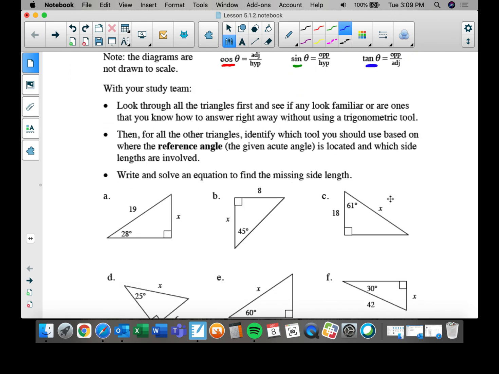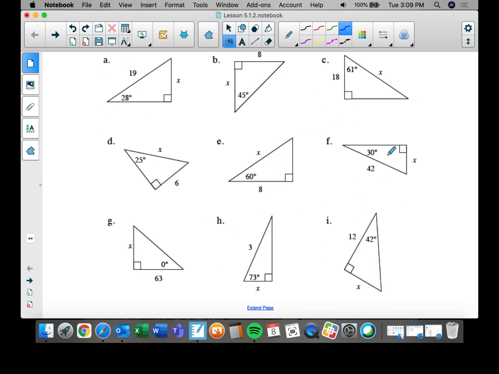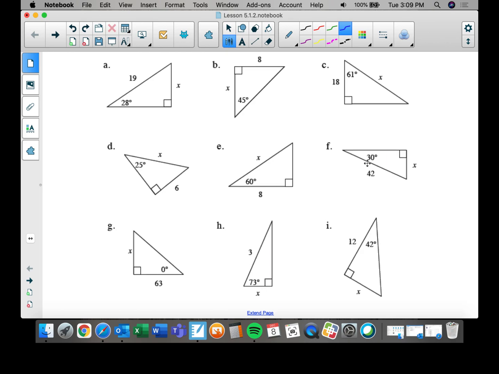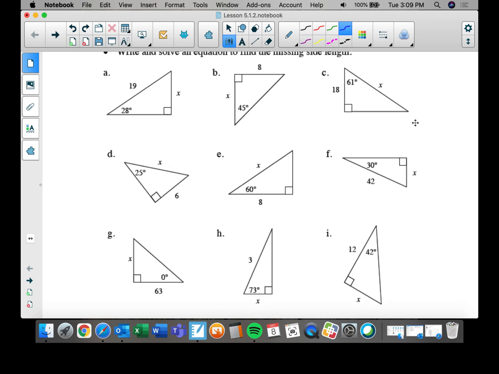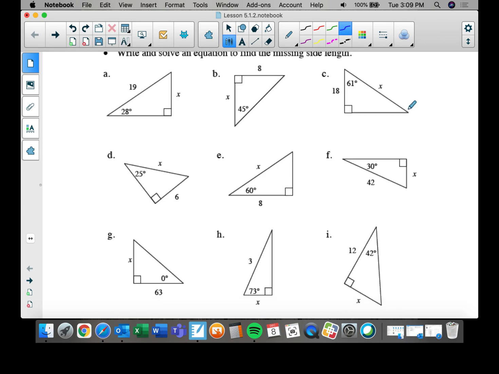So if we take a look at some of these problems down here, I'll do a couple of these together, and then I want you to do the rest of them on your own and see how you do. And we'll go over the questions in class when I see you. If we take a look at part A, the 28 degrees is my angle, my theta.